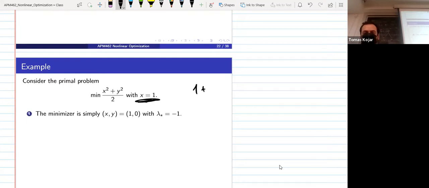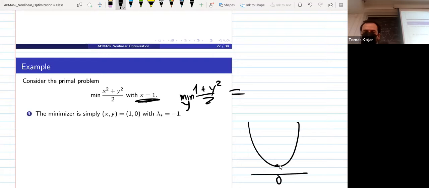So you have 1 over 2, and then you take the minimum over y. So then what's the minimum over y? This is the smallest when it hits 0. So you get 1 plus 0, over 2. So the minimizer is a half.